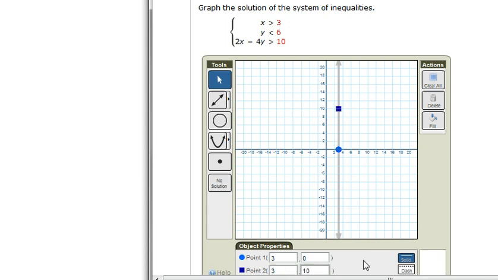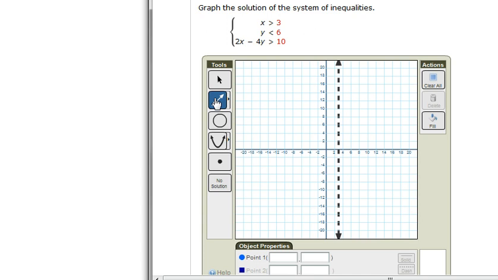So there's our first line, but we want that to be a dashed line, so we click on that button, go back to the line tool. So we're going to look at points that have their x greater than 3, so strictly to the right of that first line.